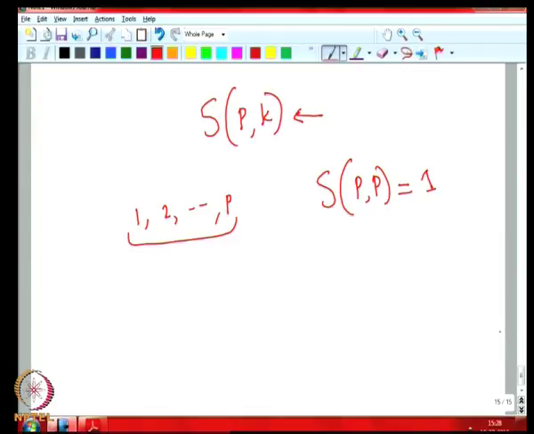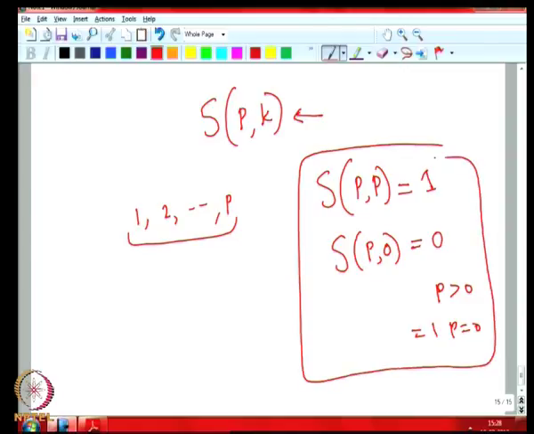Each one just goes to a different box. The other condition is S(P, 0) equals 0 when P is greater than 0, and equals 1 if P equals 0. These are the two initial conditions, which we have already discussed.